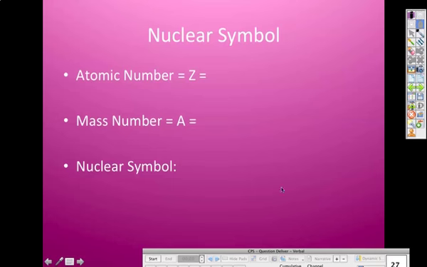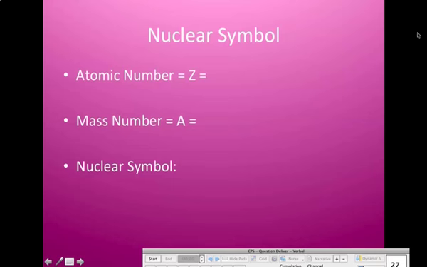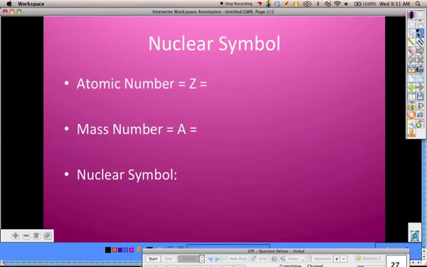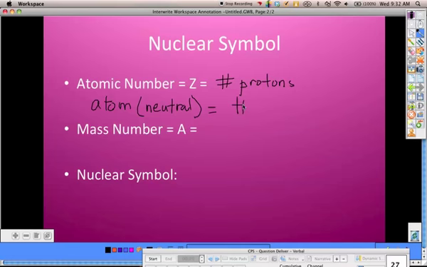So, the nuclear symbol. You are going to be asked quite a bit to write the nuclear symbol for different elements. What a nuclear symbol incorporates is an atomic number, the Z, which is the number of protons. If we have an atom, which must be neutral, the atomic number must also equal the number of electrons.